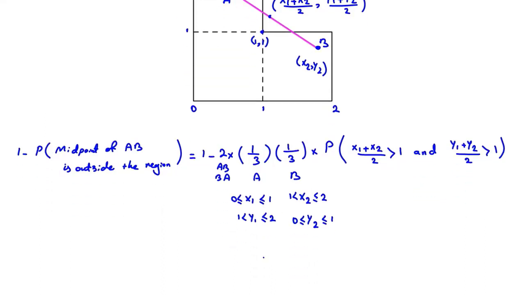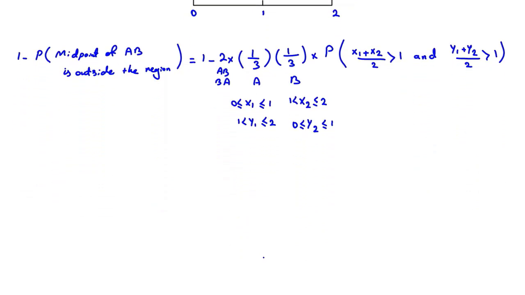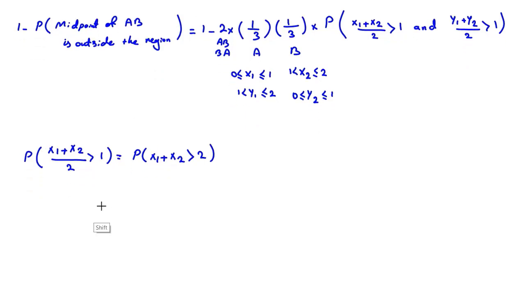Okay. Now we want to calculate the probability. Because x1, x2 are not related to each other, we want to focus on the probability of (x1 plus x2)/2 greater than or equal to 1. So let's focus on this part. It is equal to the probability of x1 plus x2 greater than 2. Now let's analyze.